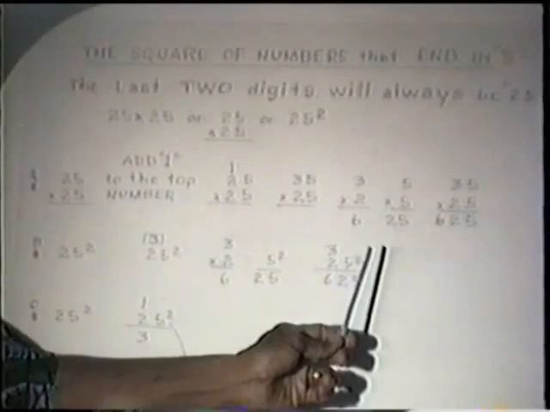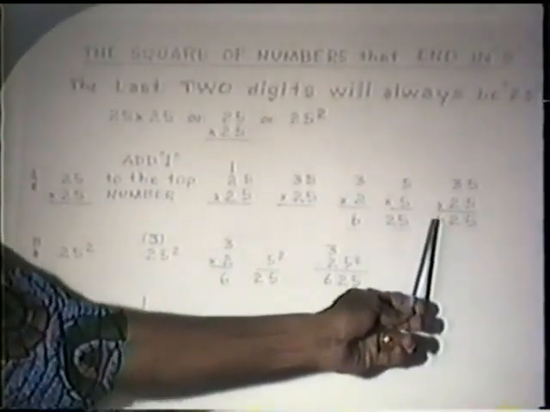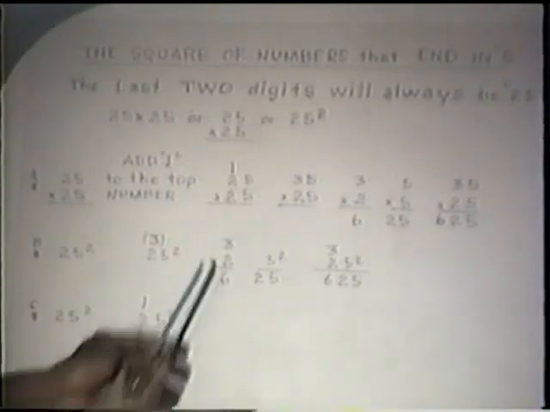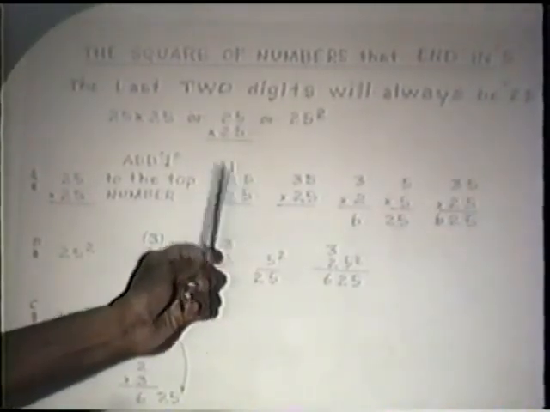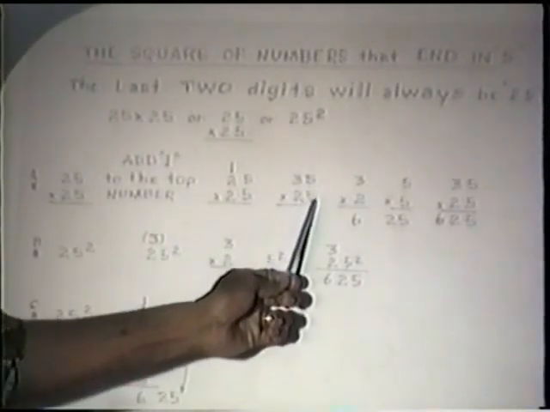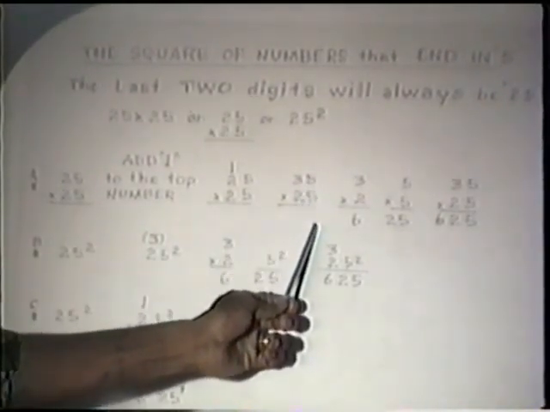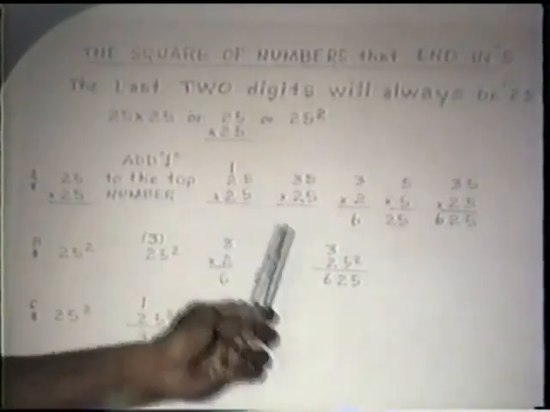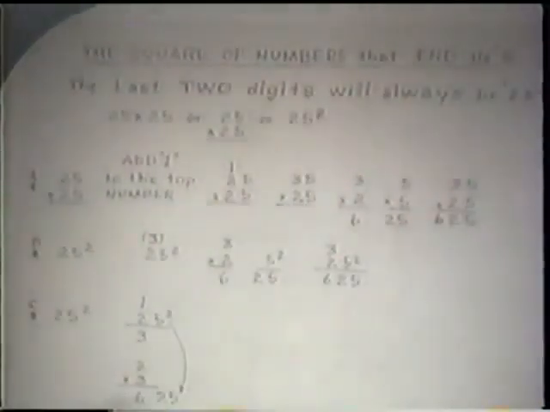The square, or 25 times 25, is 625. How do we do that? We added 1 to the top number, which made it into a 3. Then we went 5 times 5 is 25. 2 times 3 is 6. 25 times 25 is 625.